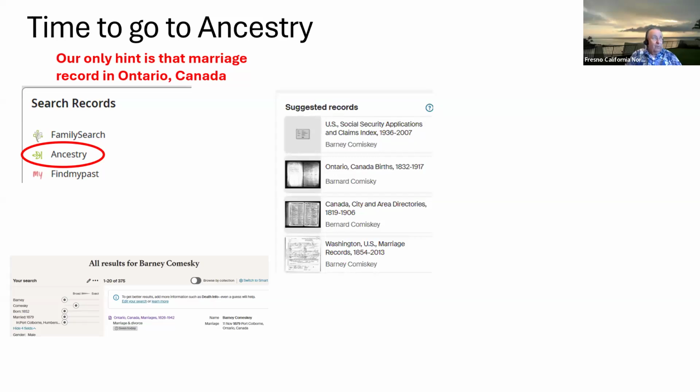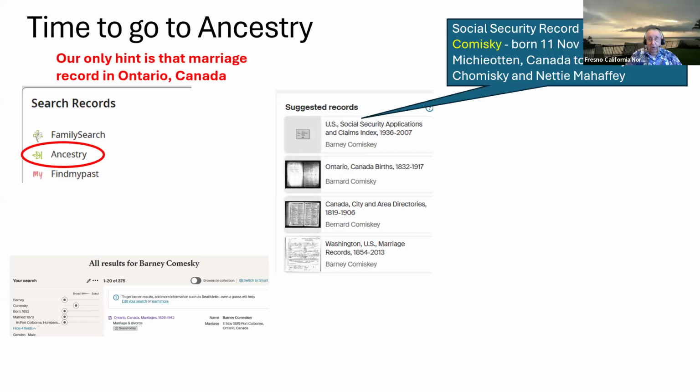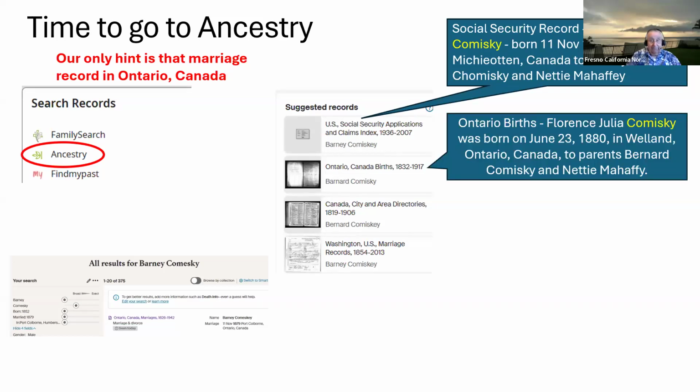So I thought, okay, I wonder what I can learn from this. Well, the first one is about a son, Vern Franklin Kaminsky, spelled with an I, who was born in 1888 in Canada to Barney. And notice how Barney's last name was spelled Chomsky and Nettie Mahaffey. Okay, so there's a child I didn't know about.